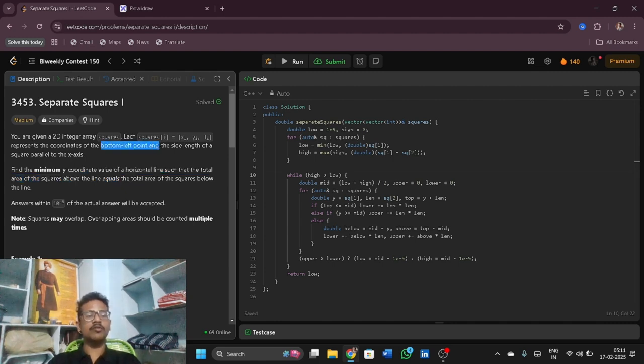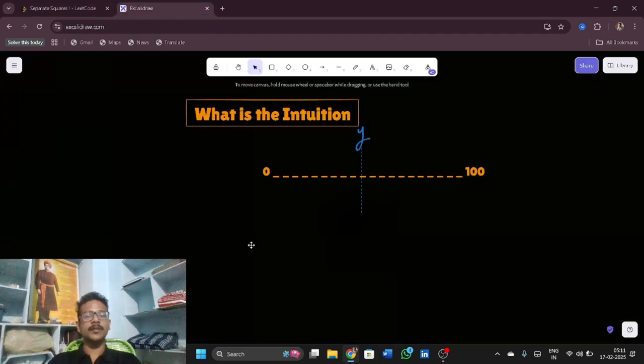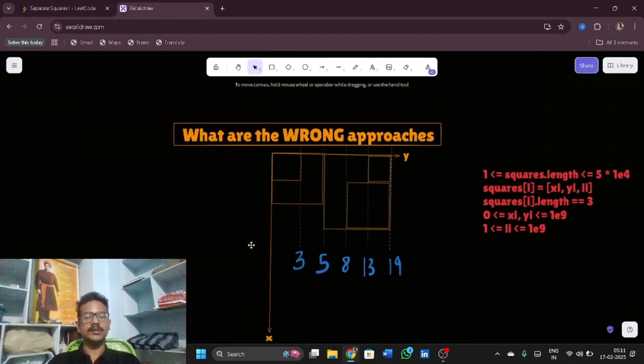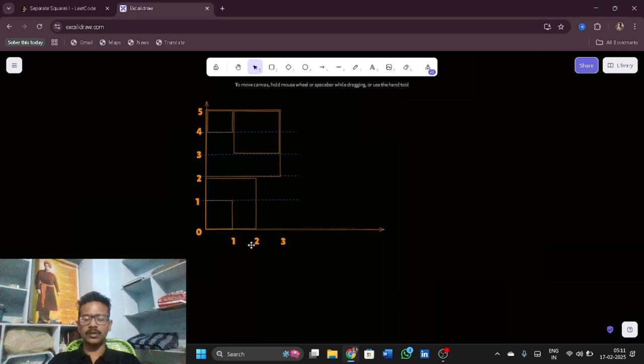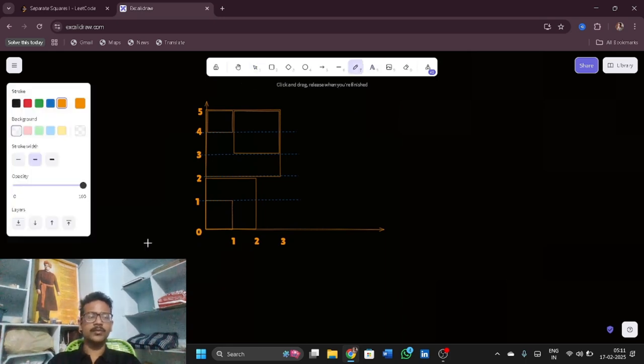Now, the bottom left point and side length of each square are given, and the square is parallel to the axes. That means if we are given 0, 0, 1, then a square of side 1 has its bottom left point at 0, 0.